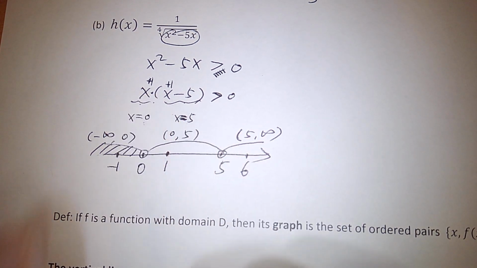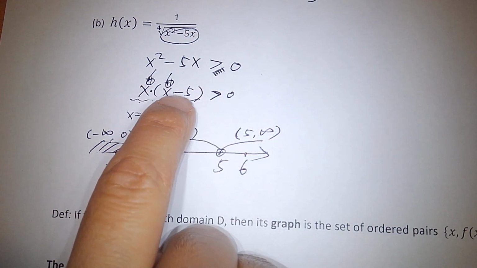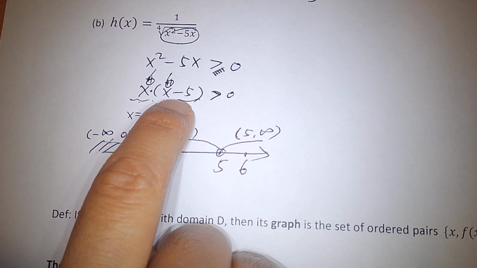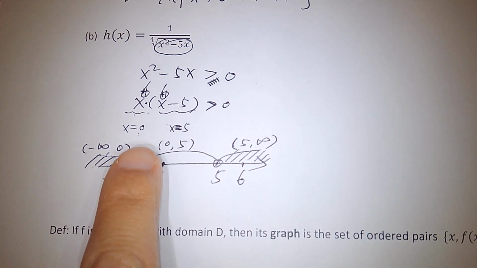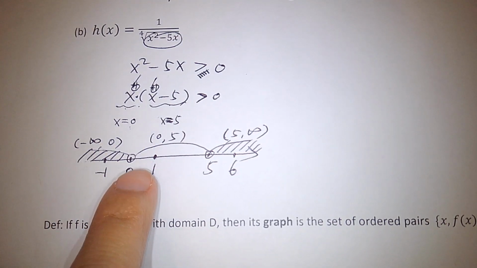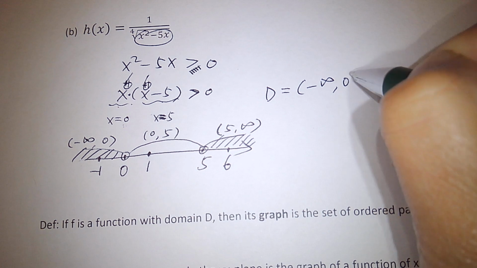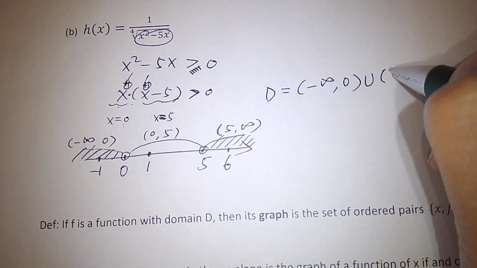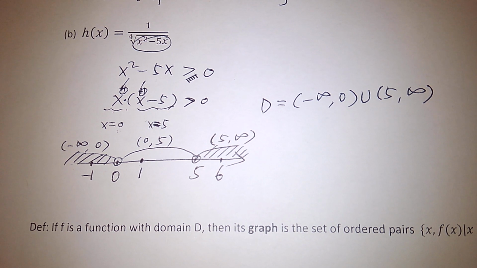Choose x equals 6. 6 minus 5 is positive, and 6 times positive is positive. So what is the answer for this question? What is the domain for this function, guys? Negative infinity to 0, union 5 to infinity. This is hard. That's not easy, okay? So this is not just a hint, it's an entire solution.